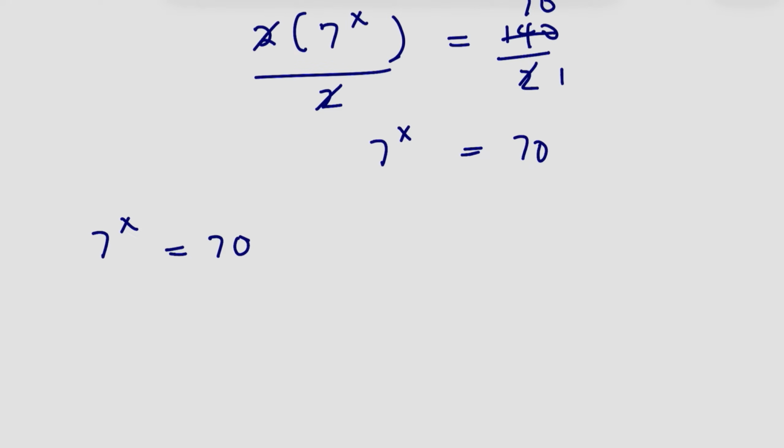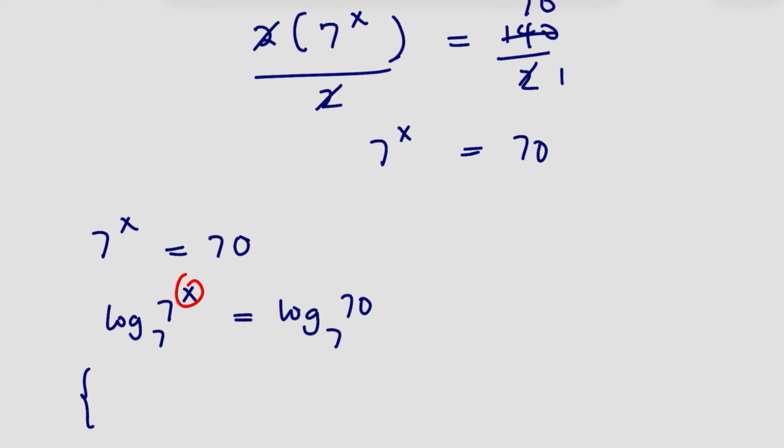There are a few ways we can approach this problem, but I think it's easier to simply take the logarithm of both sides to base 7. So I have log 7 raised to power x to base 7 is equal to log 70 base 7. But before we work on this power x, I need to remind you of the law of logarithm to apply.